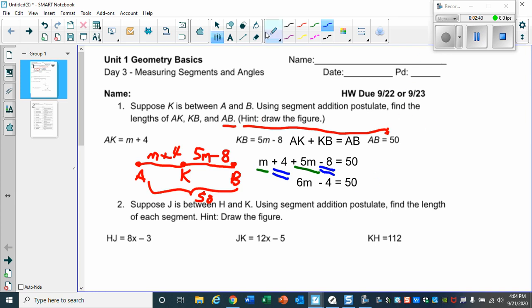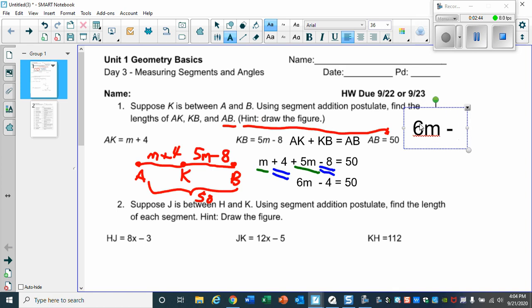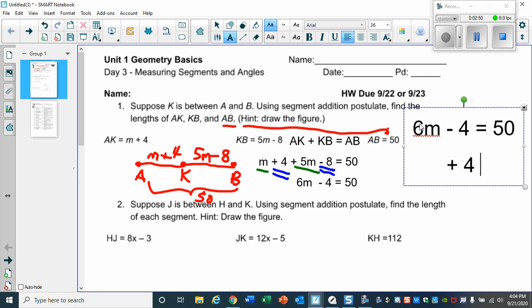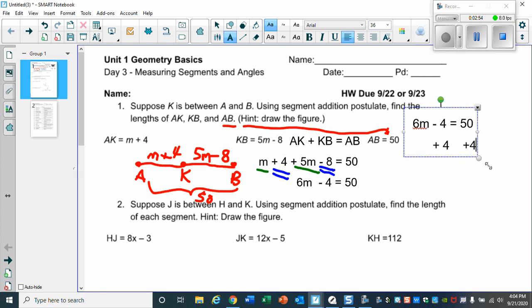So for 6m minus 4 equals 50, you will add 4 to both sides. That's your first step. Then you have 6m equals 54. And then you're going to divide both sides by 6.